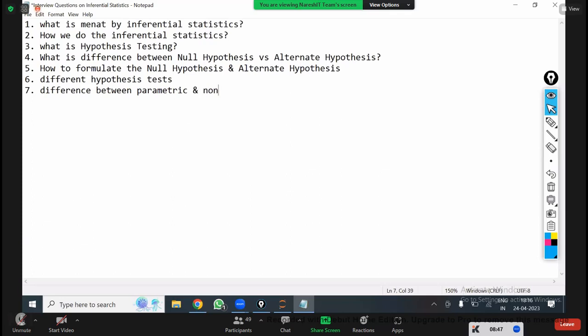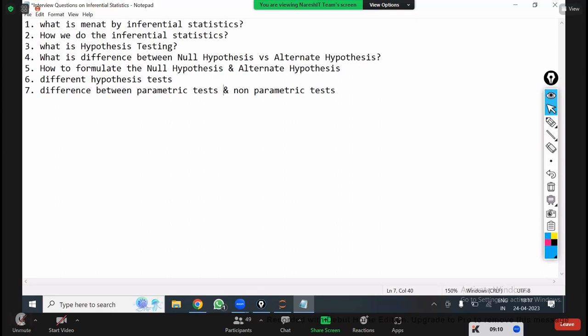Before this, let us first understand: parametric test is where we are applying the hypothesis testing on normally distributed data, and non-parametric test means applying the hypothesis testing on skewed data. Okay, fine.